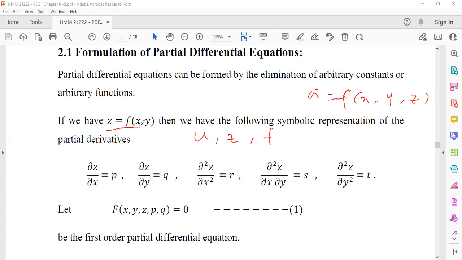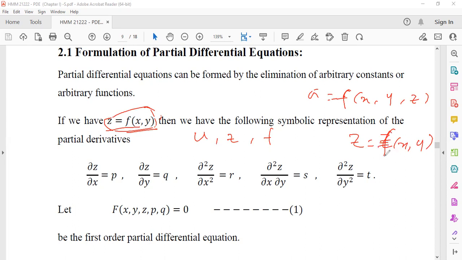But mostly, many authors in books use z equal to a function of x comma y. This is how you have to read it. They don't put z here, they put f, a function of x comma y.